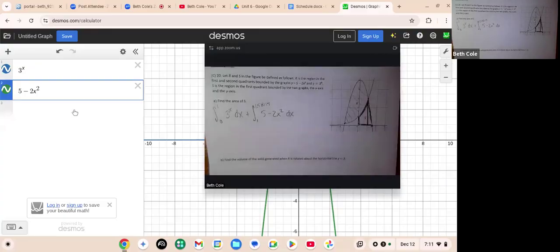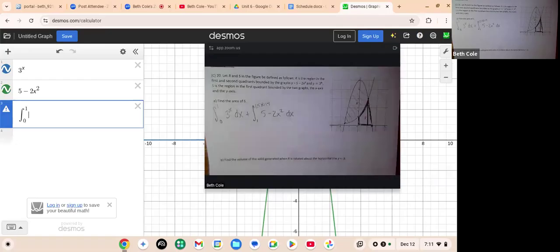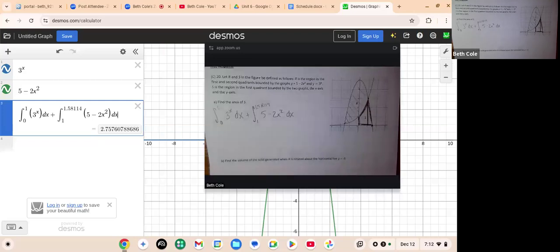So now I'm going to type in the whole thing. There we go, 2.757.